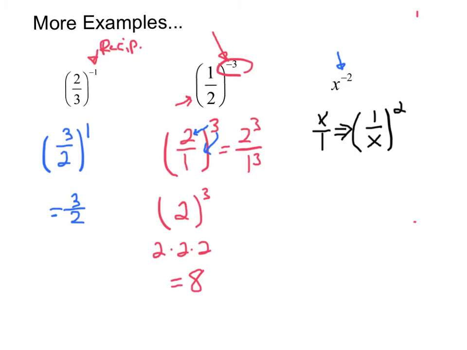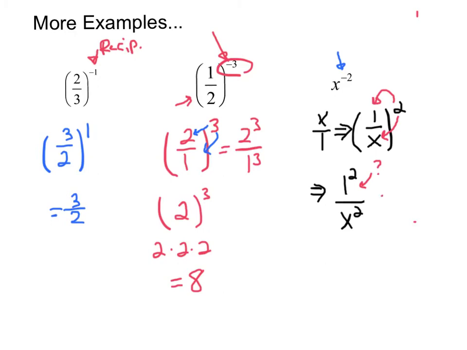So we have 1 over x to the power of 2. Now if we follow our same procedure, we can distribute this power to each piece, and what we end up with is 1 to the second power over x to the second power. There are some things that we know and some things that we don't know. First, do I know what 1 to the second power is?